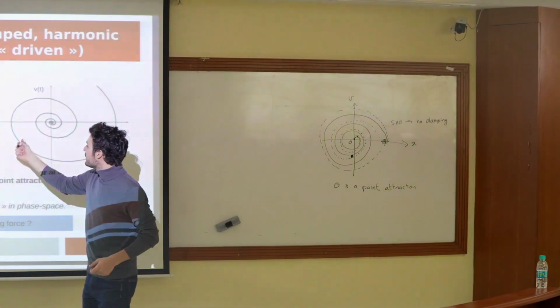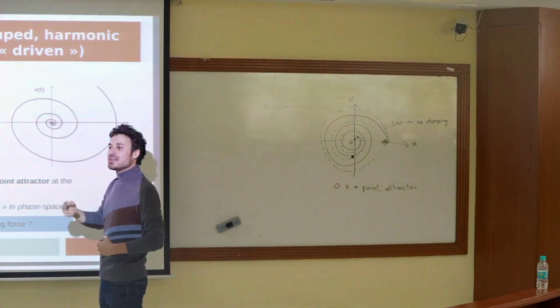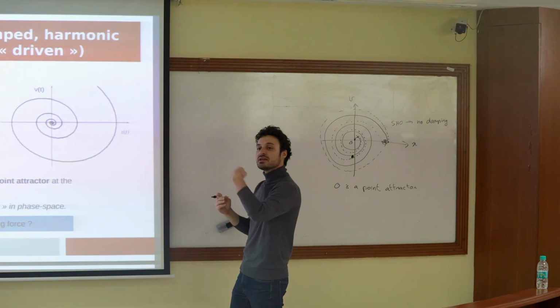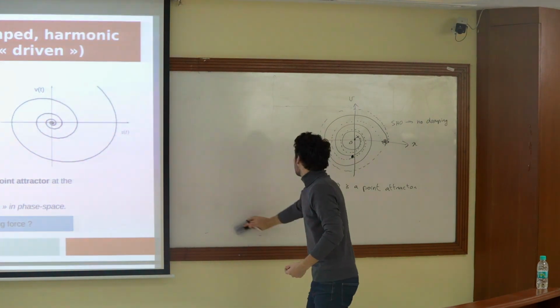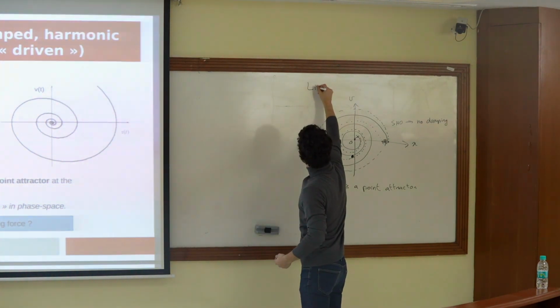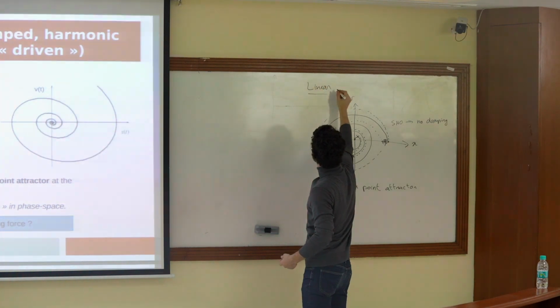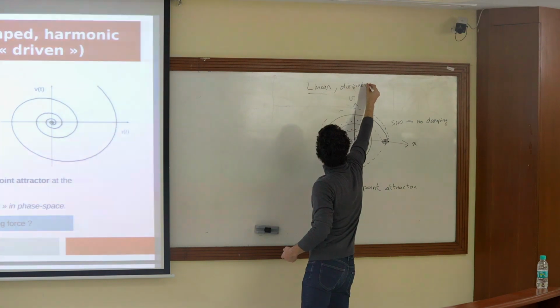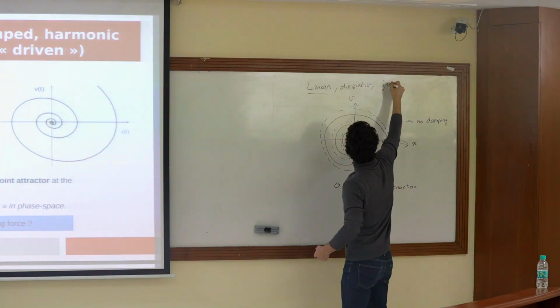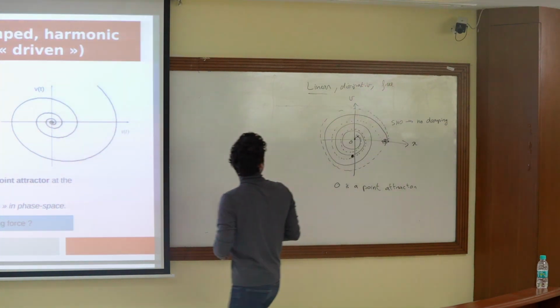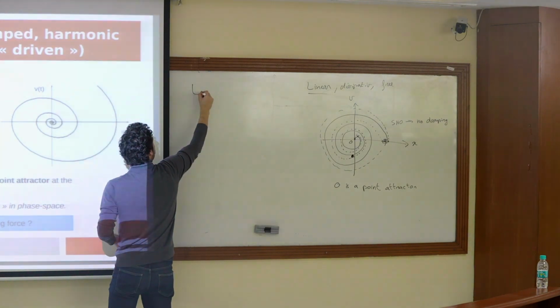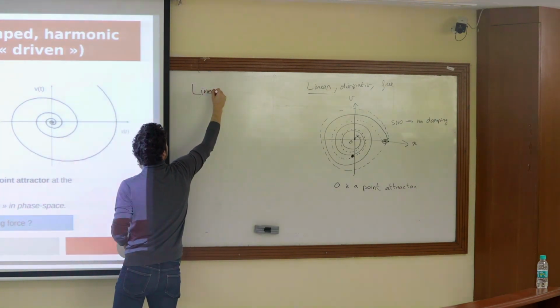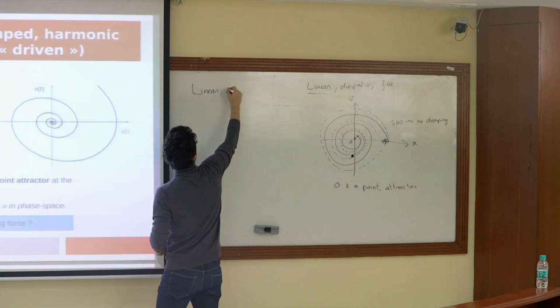So recall, this system is a linear system, meaning that it responds proportionally to the driving force. Everything I'm saying here is for a linear system. So this is linear and dissipative, and in this case, these are free oscillations. Now, we stay linear, but this time we have driving.